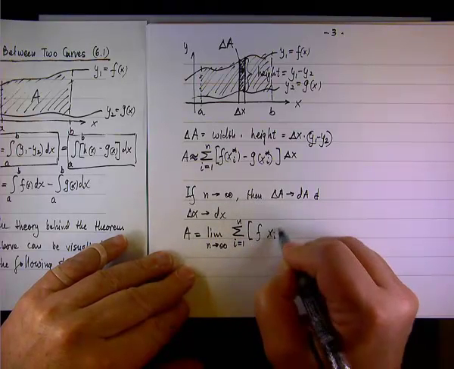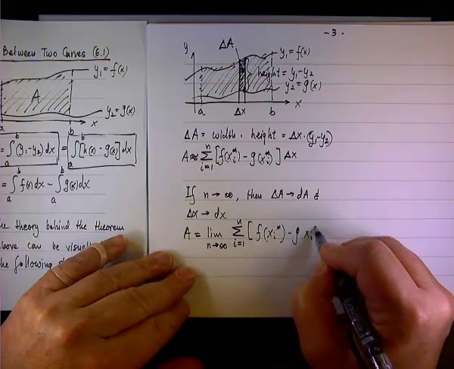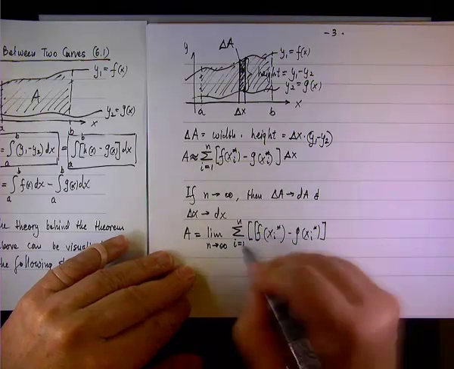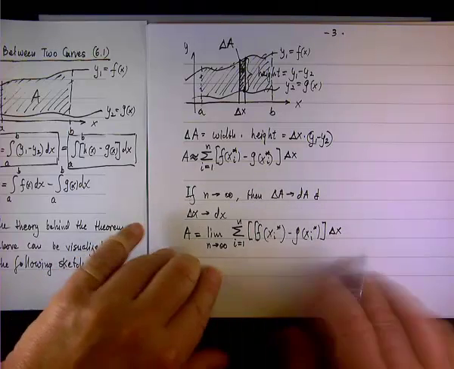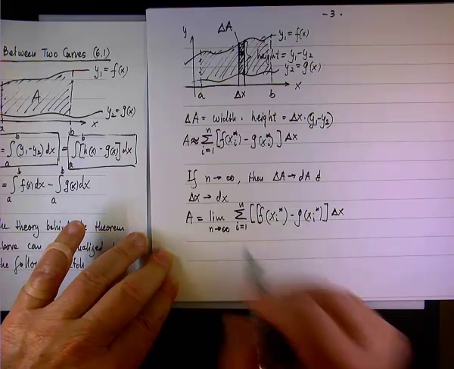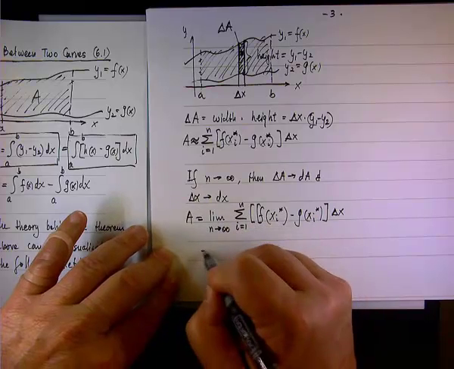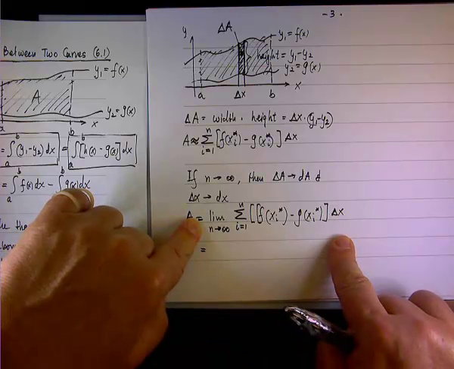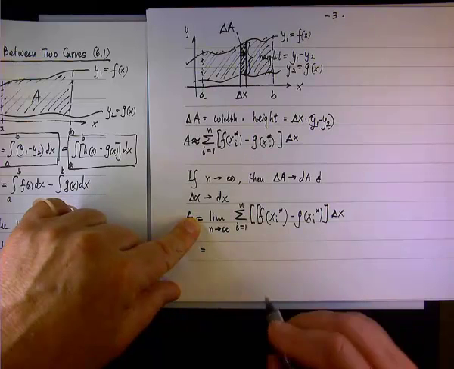f of x sub i star minus g of x sub i star, all of it multiplied by delta x. As long as we are within the limit, we are within the delta x. Once we let everything go, then A will be, this limit is the definition. The limit of a Riemann sum is the definition of the definite integral. Okay, so we'll use that definition.